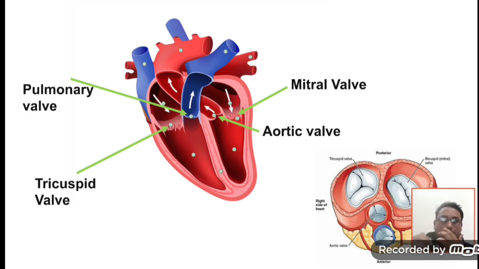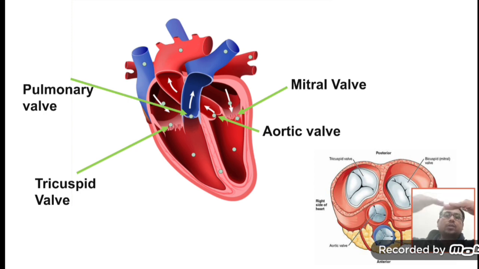Okay, so when the oxygen poor blood comes from the body, it first comes to the right atrium, this side, and then it flows through the tricuspid valve. Okay, the tricuspid valve opens like this. It has three flaps, as you can see in the small portion of the figure, so it opens like this.